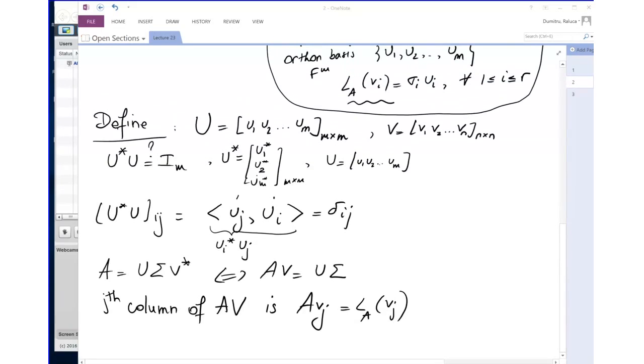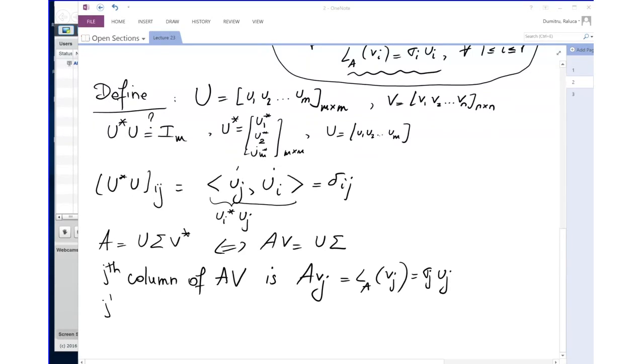But remember how they are connected. Left multiplication by A of Vj is in fact sigma j uj. Do the same for U sigma. Well, sigma j, the jth column of sigma, is just 0, 0, 0, sigma j, 0, 0, and so on.